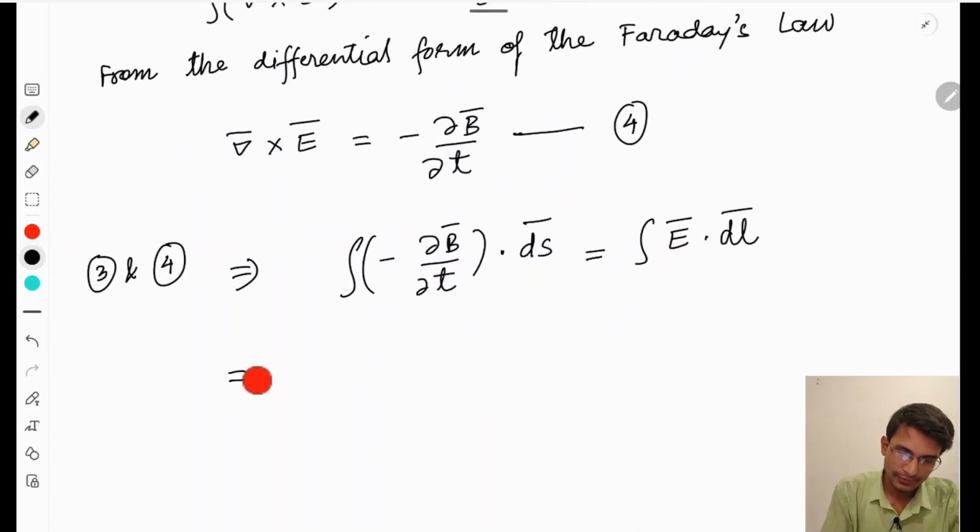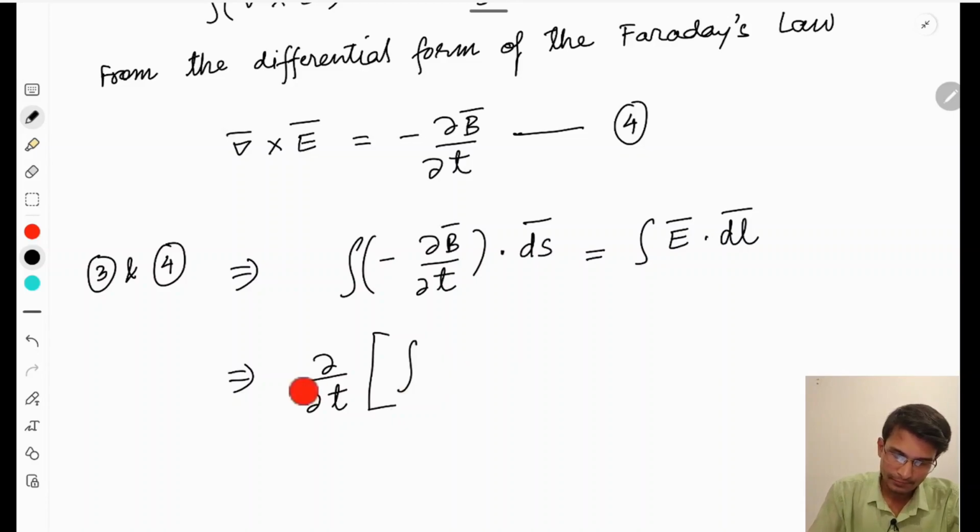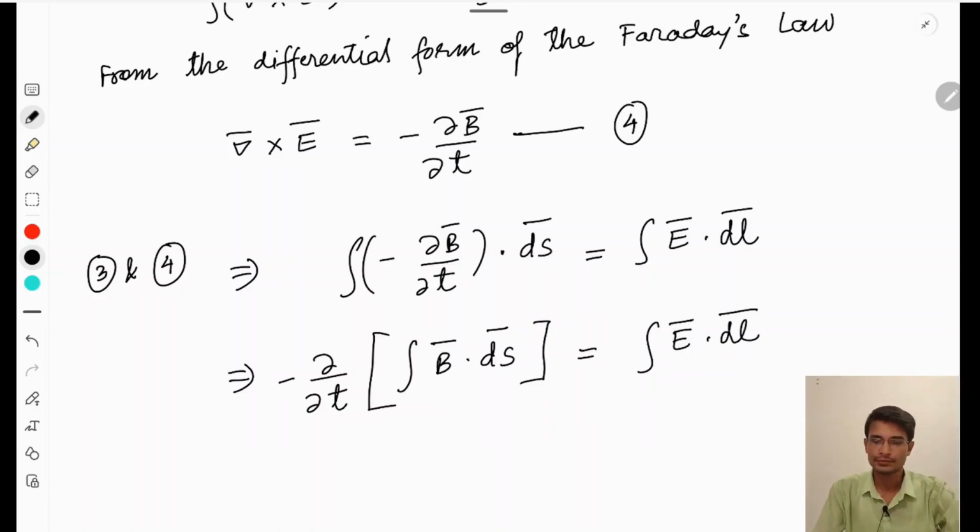Now let's take the del by del T outside of the integral, and then we will have integral B dot dS is equal to integral E dot dL.